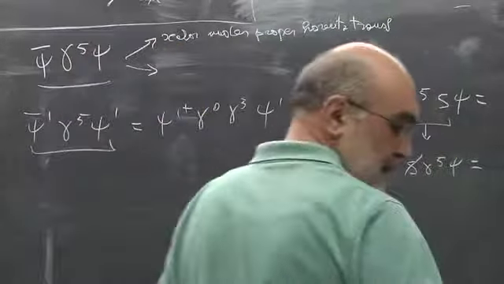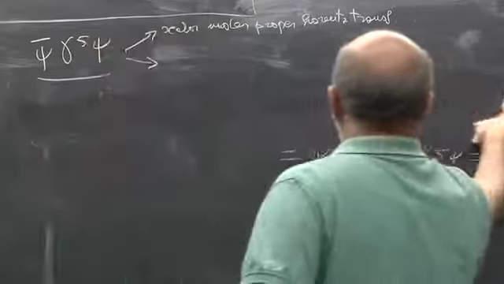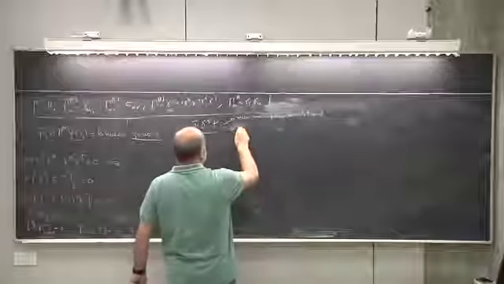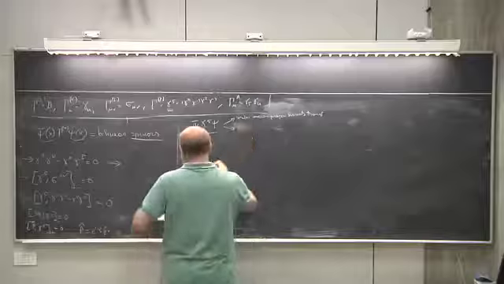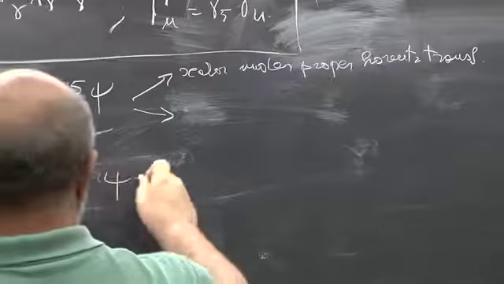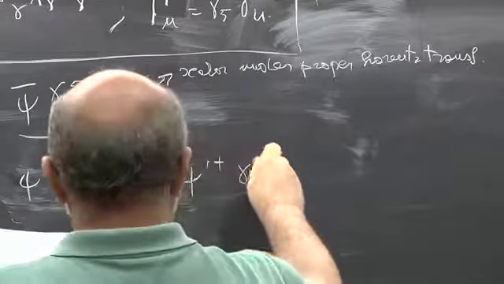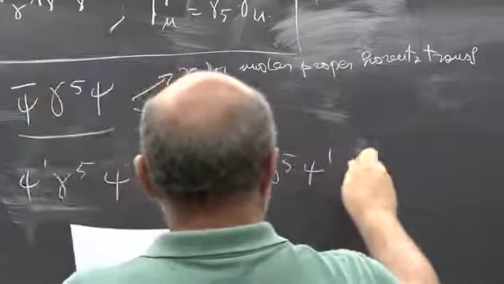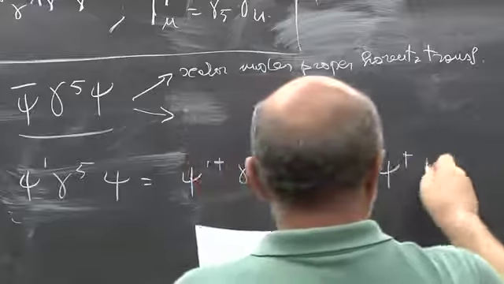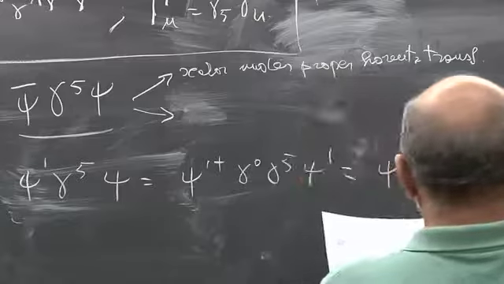Let's now do a transformation of this quantity under a space inversion. So we have psi prime bar gamma 5 psi prime, that is psi prime dag gamma 0 gamma 5 psi prime. But the transformation, let's suppose, is just the transformation due to the space inversion.